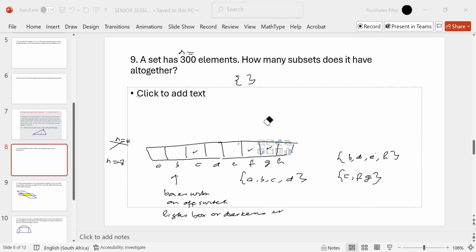So the number of subsets, now that is a brilliant observation. The number of subsets equals the number of ways the boxes can be lit.